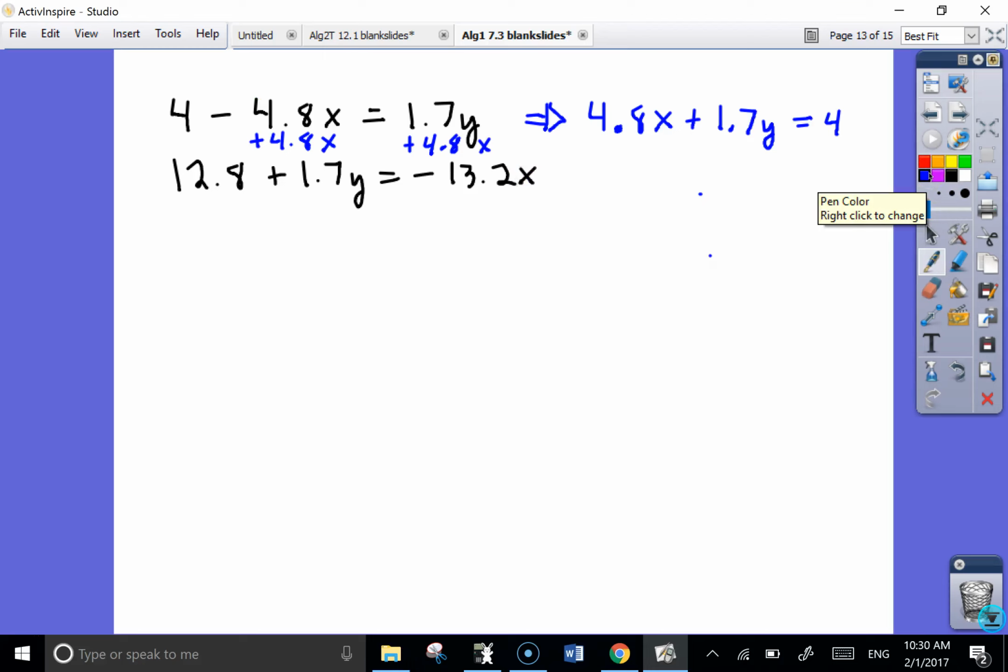We had to sort both of these out and put them in standard form. So now this one is going to be 13.2x plus 1.7y equals, so if I move this one over, I've got to move the 12 point over, that'll be negative 12.8.